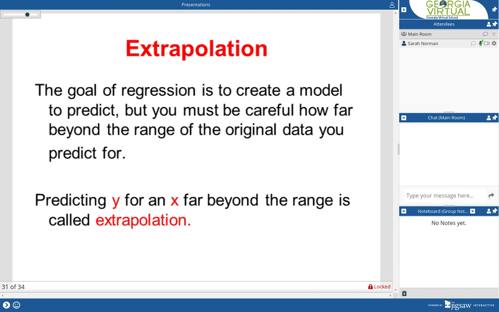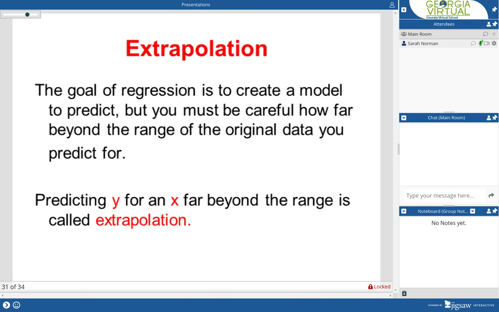At some point, this isn't going to work because there's only a reasonable weight and a reasonable height for adults in this world. So if you go really low on the range of height, this linear regression model might not really work that well.